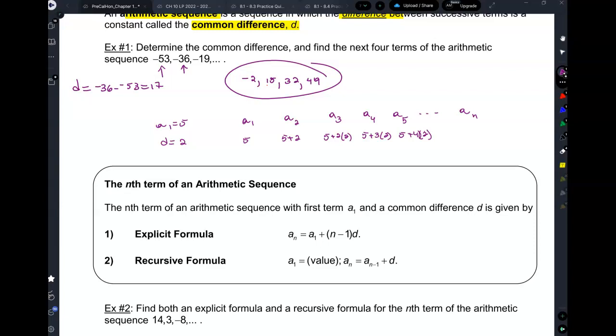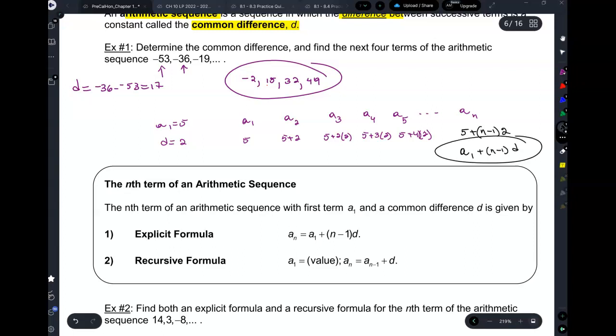So then when I come over to this side, it's 5 plus n minus 1 times 2, okay? So the general formula would be A1 plus n minus 1 times D, okay? This is called the explicit formula to find the nth term of an arithmetic sequence, okay?